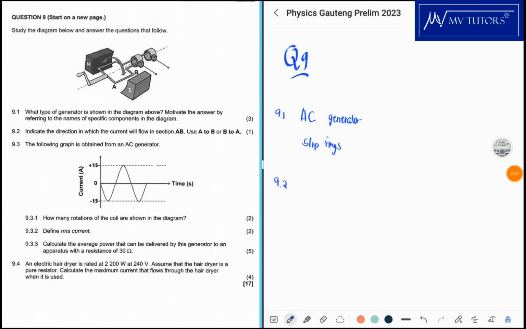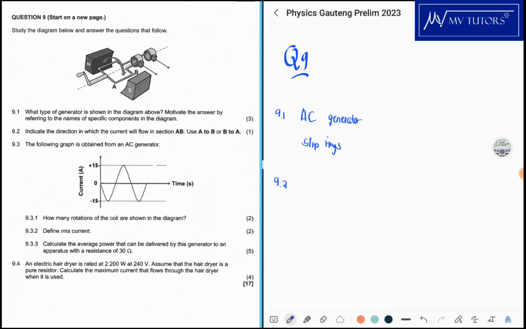If we have a look at the side AB, you can see that this thing is going clockwise. So the thrust on AB is actually going down. So your right hand thumb will be pointing down, and then north to south. As your thumb is pointing down, your index finger will be pointing to the right, from north to south.